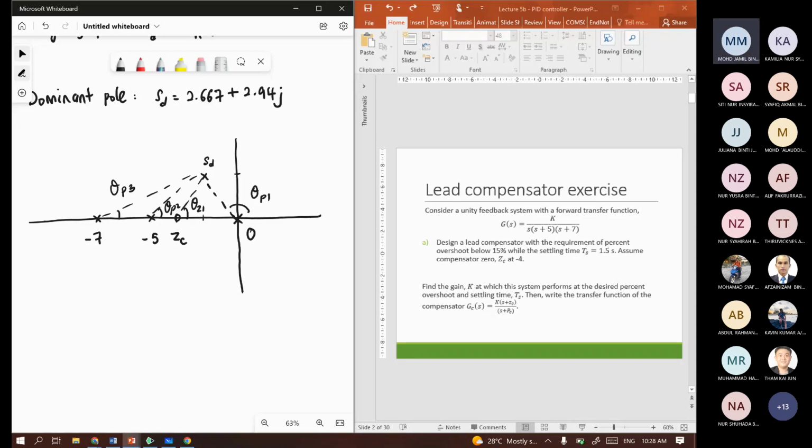For a lead compensator, we have the rule that Zc must be bigger than Pc. So your Pc should be located maybe somewhere here, which means less than the Zc value.